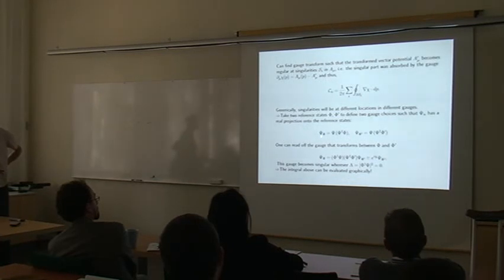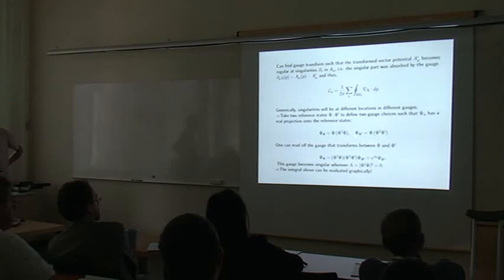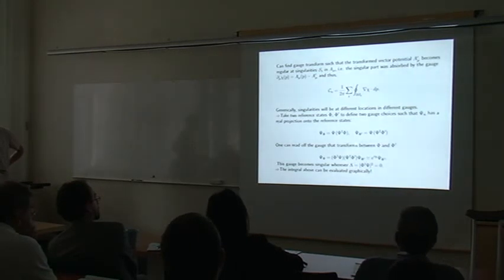So basically, if you're in this gauge, then you have to multiply with that factor to get the wave function. If you're in the other gauge, you need to multiply with that factor. So now you use a gauge transformation that brings you from that vector to that vector. So you go first to this state by applying that gauge, and then you go from that state to that state by applying the inverse of that gauge.